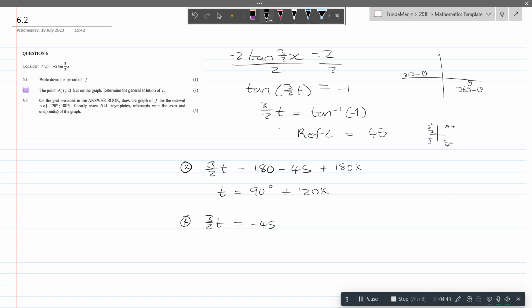So minus 45, then that would lead us to plus 180k, and here I forgot to put k as an element of all integers. Here you find the value of t: multiply by 2, that's minus 90, divided by 3, that'll give you minus 30. So this will be minus 30 plus 120k, and k is an element of the integers.